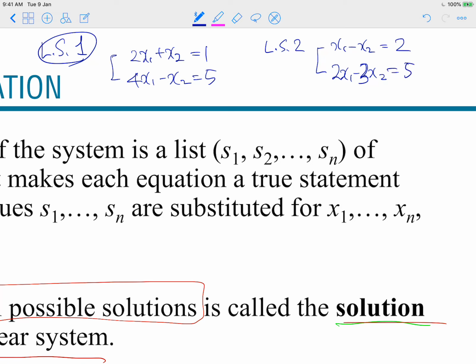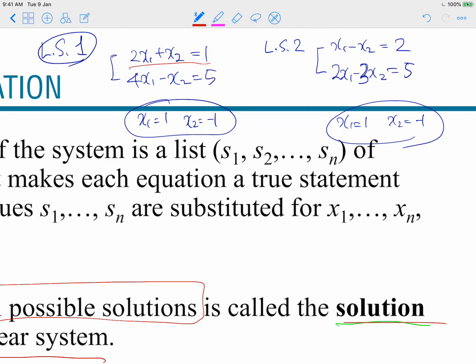So we are given 2 linear systems. I formed those 2 linear systems by having the solution in mind from the beginning. So the solution set of the first linear system will be this, and the second one will also be this.